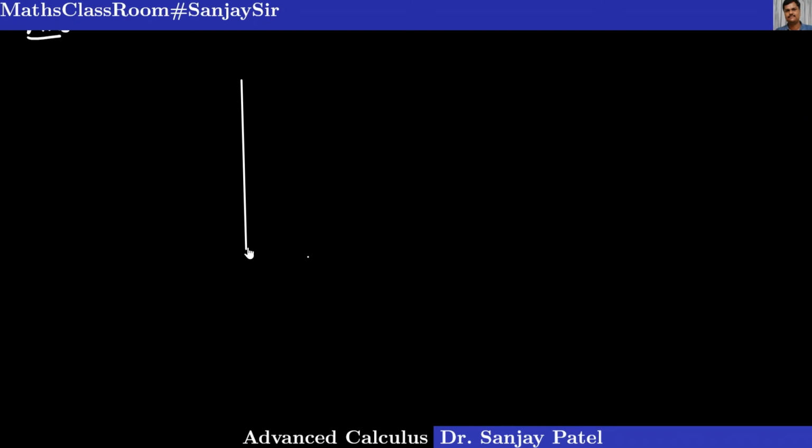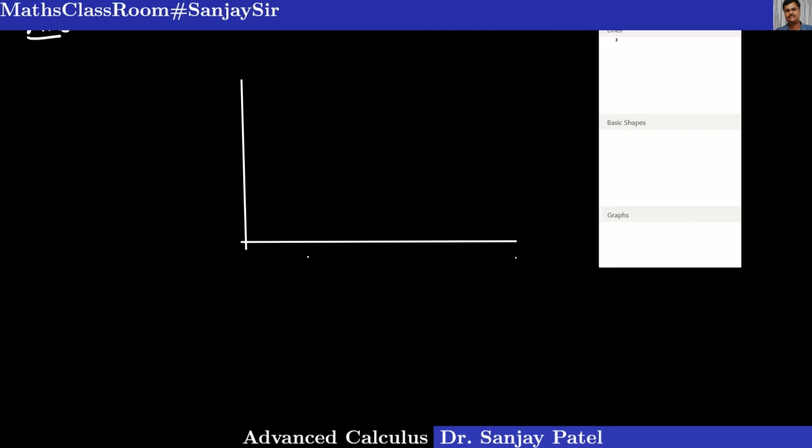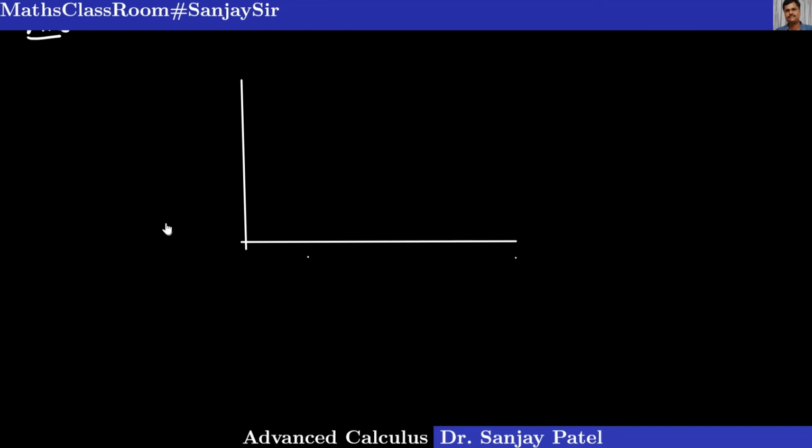Let me take the y-axis like this, and the x-axis something like this. So this is the x-axis, this is my y-axis, this is the z-axis, and this is our origin. To have a three-dimensional figure or solid to understand, I'm taking the x, y, z axes in this orientation.